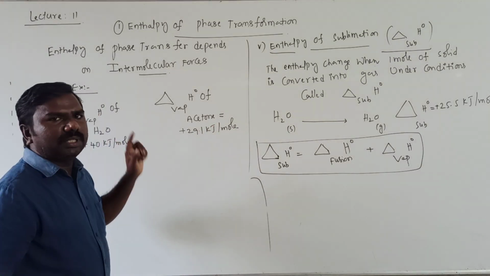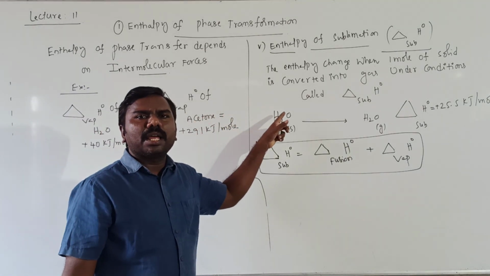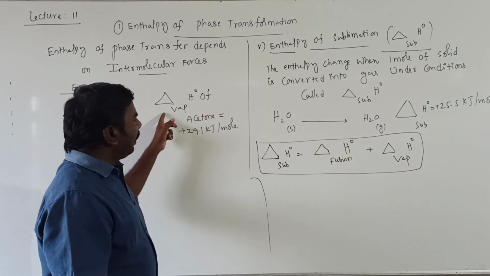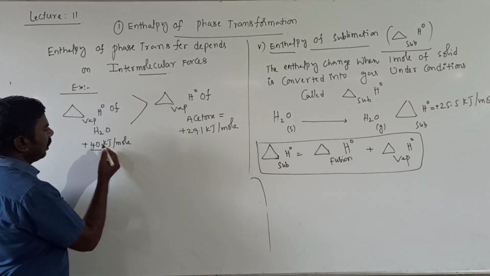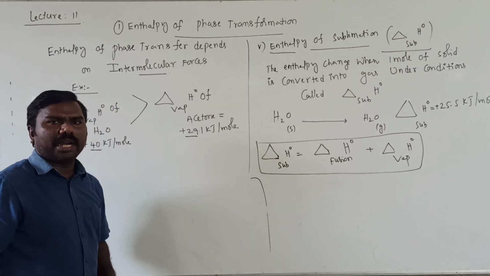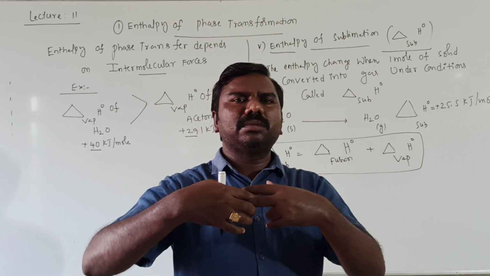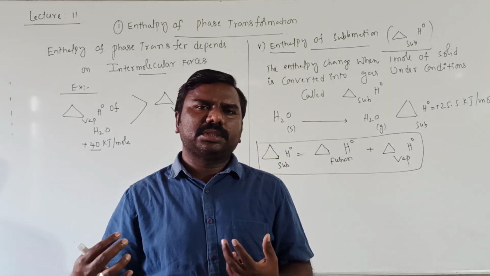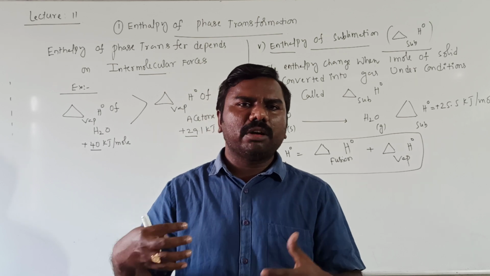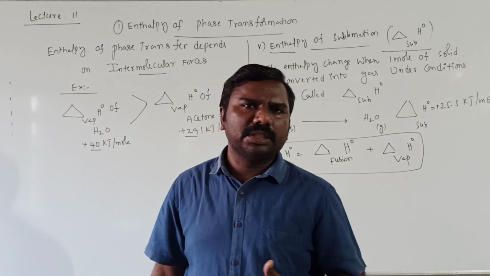Which is higher, students? Enthalpy of vaporization of water is higher than that of acetone, because the values are like this. Reason is, in water there are strong hydrogen bonds. To break those hydrogen bonds, we need more amount of heat. That heat changes enthalpy of vaporization.